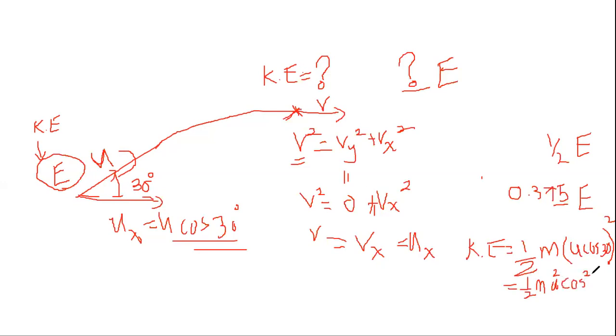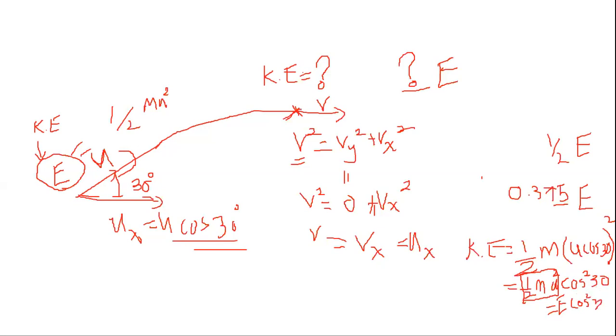This is your kinetic energy. But half m u squared is actually your E, because the initial velocity is U. So it's actually E cos 30 squared. That's the answer.